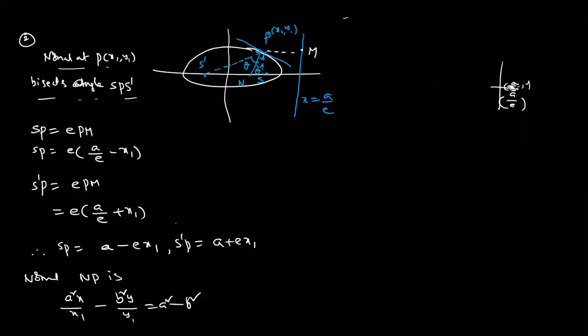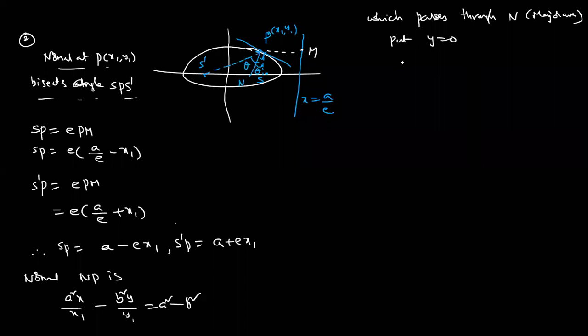So based on this one, I will give one more example. Write down. Which passes through N, means major axis. So put y is equal to 0, dear students. What is the answer, anyone? From this case, what are you getting?